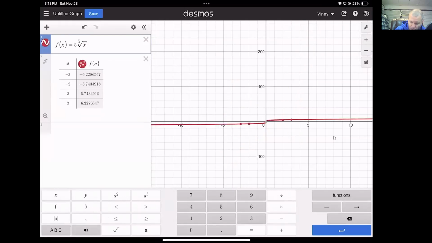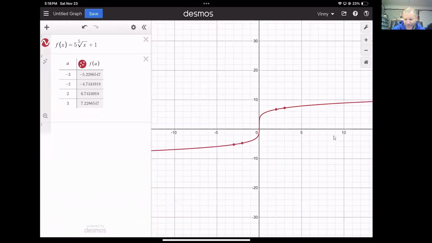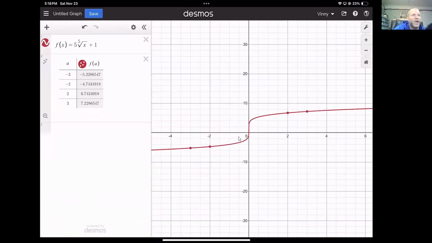We got a +1 on the outside. So here's a function. If we zoom in, we can see that our function basically goes right, and then it's undefined. You have a vertical tangent line when x is equal to 0. So your function is basically increasing faster and faster, and then infinitely fast when x is equal to 0, and then starts decreasing again once you get to the right side of it. So there's your function.